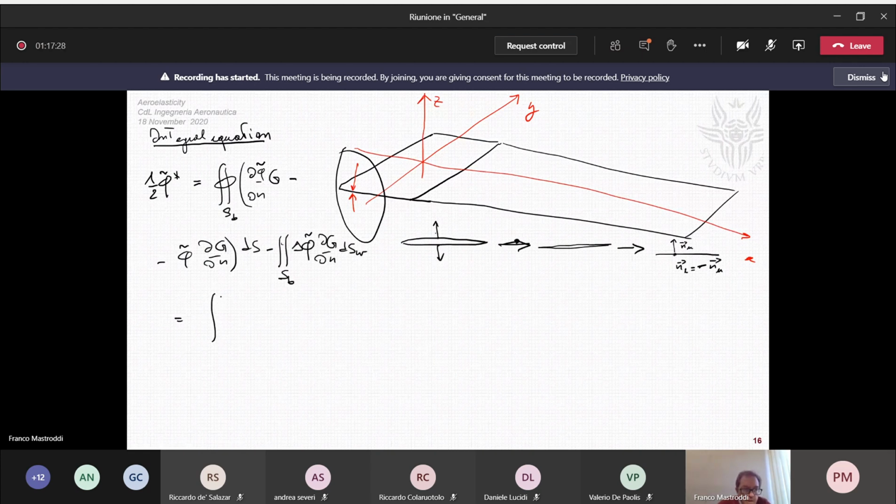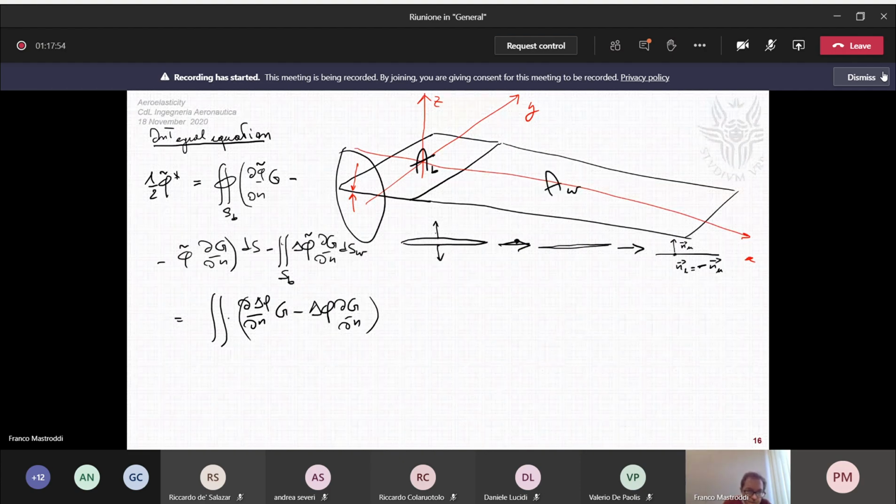I have something like delta phi dn G minus delta phi dG dn on this area, which is the open surface of the body, and here we have the area of the wake.